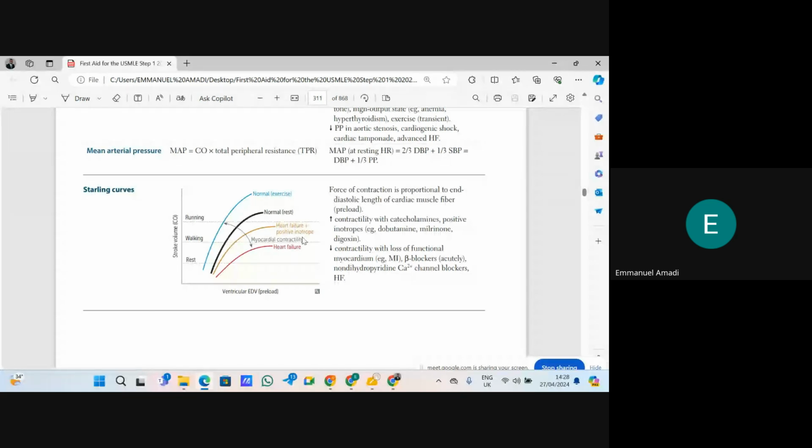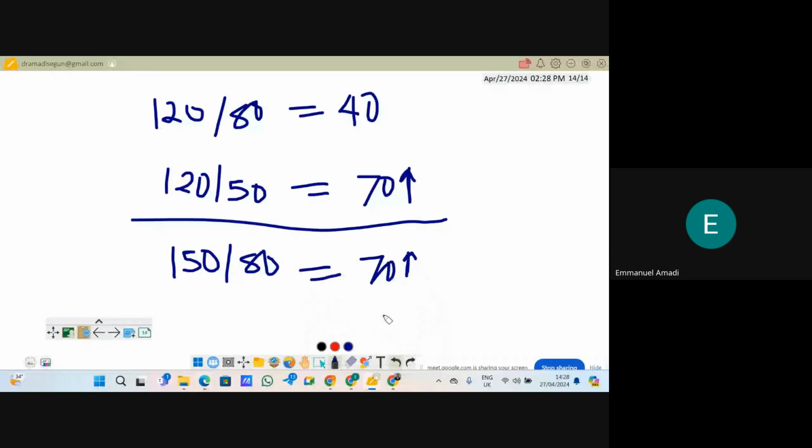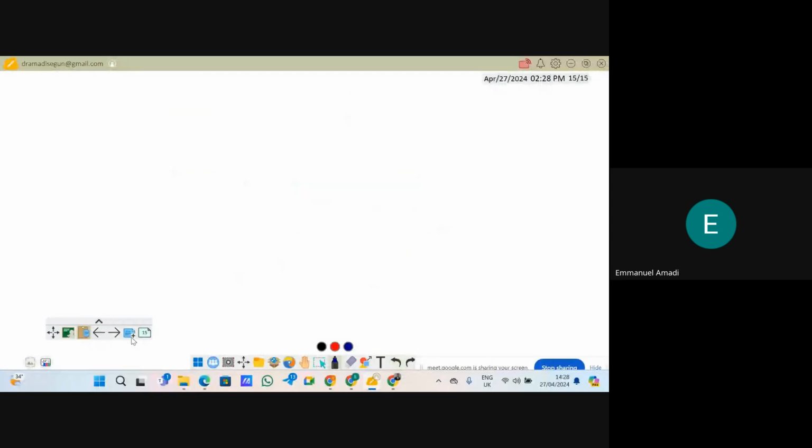Now, if you see a graph, the first thing you need to do is this. Ask yourself what is represented on the vertical and what is represented on the horizontal. That is the first approach, and that is the most important approach.